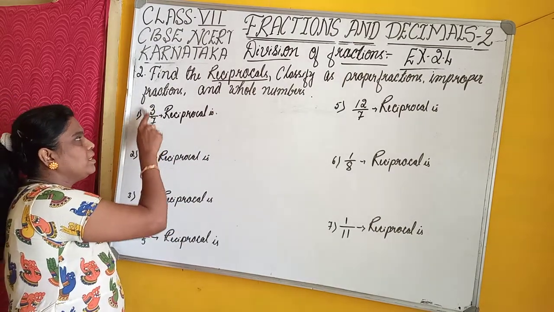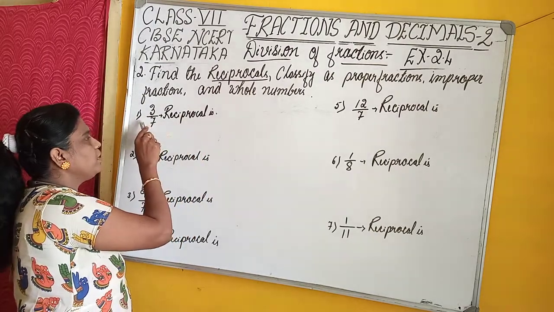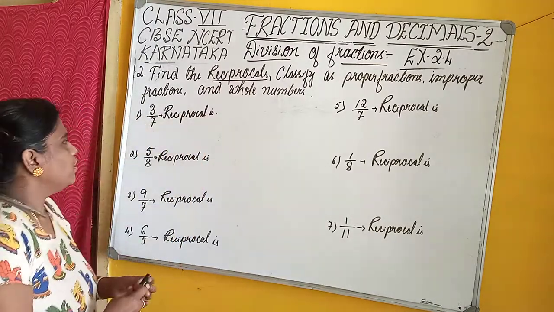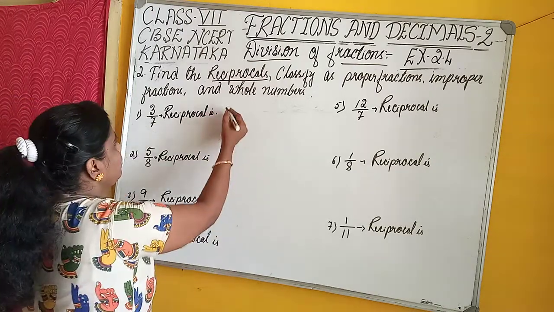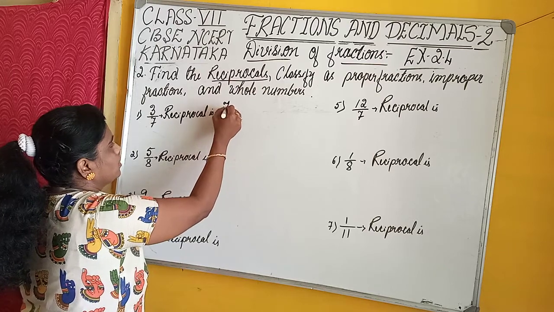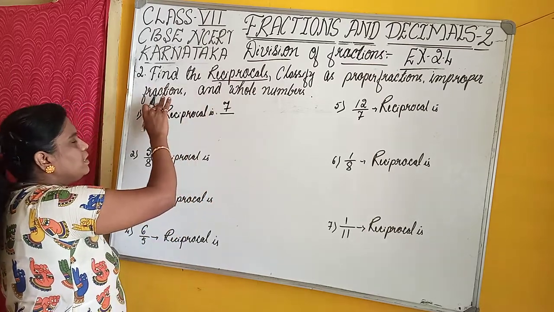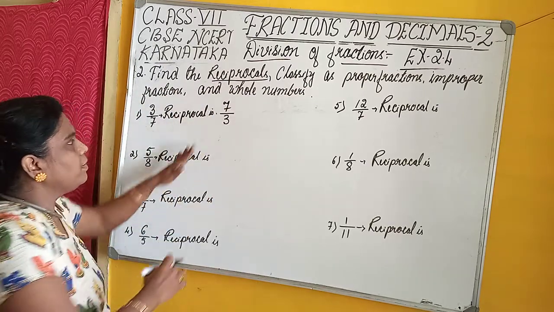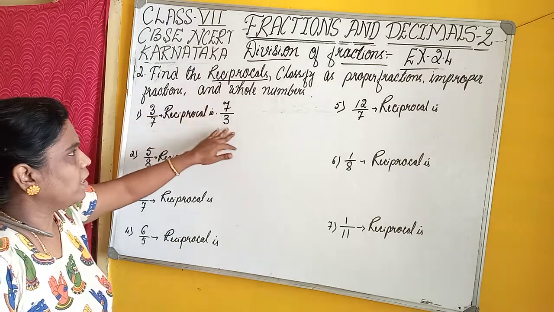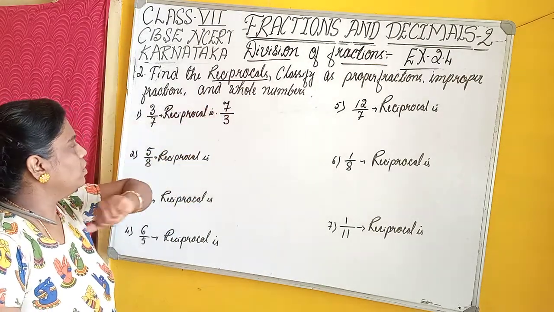We make this numerator the denominator and the denominator the numerator. Therefore, the reciprocal of 3 by 7 is 7 by 3. And we have to write whether this 7 by 3 is a proper fraction, improper fraction, or whole number.